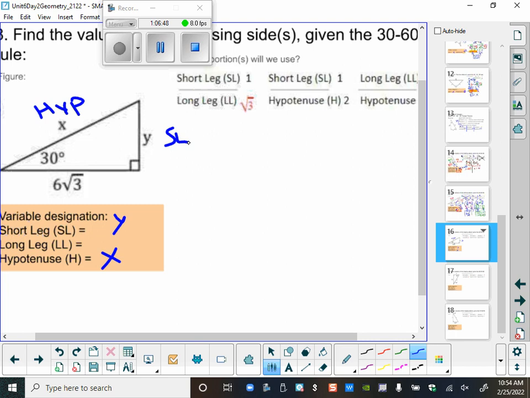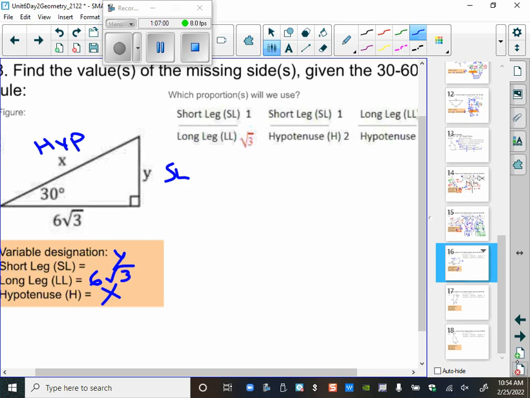And the long leg would be 6 square root of 3. Excellent. That's a real good start.